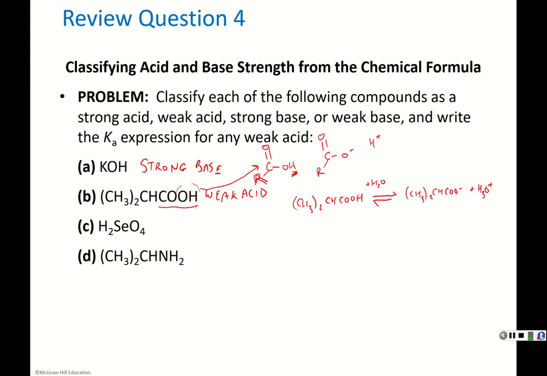Okay, so our Ka expression is just going to be the products over the reactants, so H3O plus times our conjugate base, which is (CH3)2CHCOO minus, divided by our fully intact undissociated acid, (CH3)2CHCOOH.